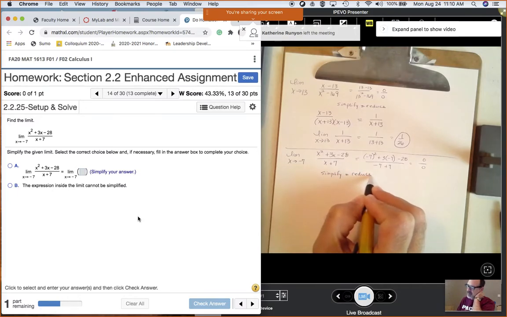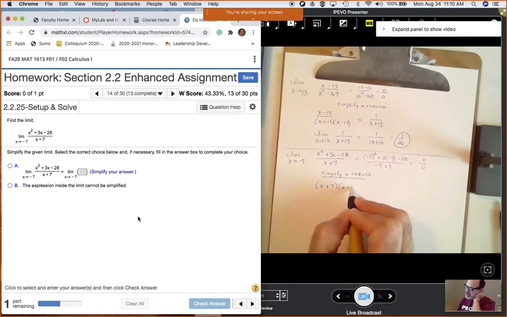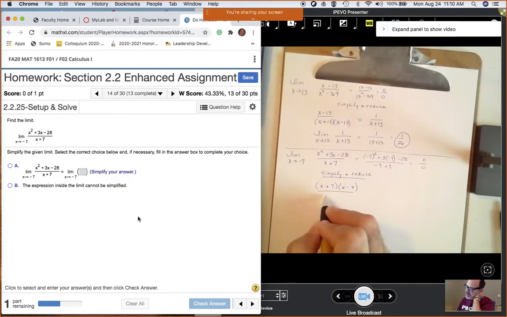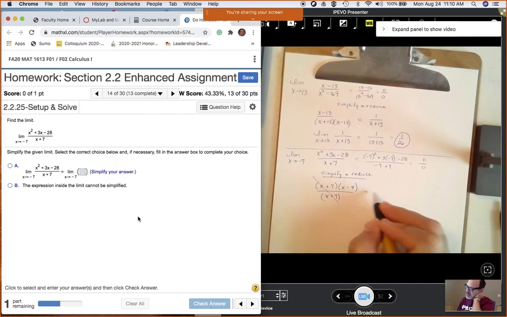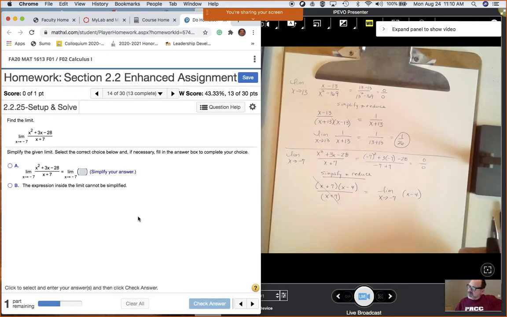So, the numerator will factor into x plus 7 times x minus 4. The denominator is x plus 7. Obviously the x plus 7's cancel. And we get the limit as x approaches -7 of x minus 4, which becomes -7 minus 4, or -11.